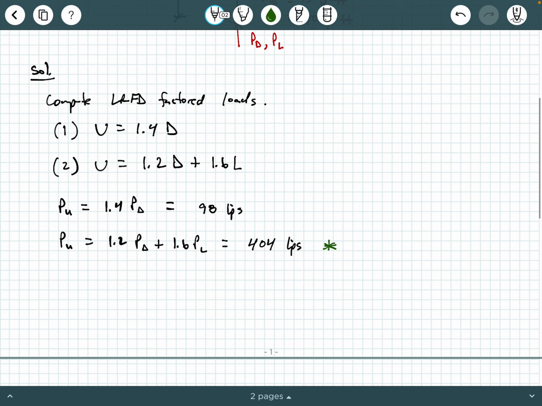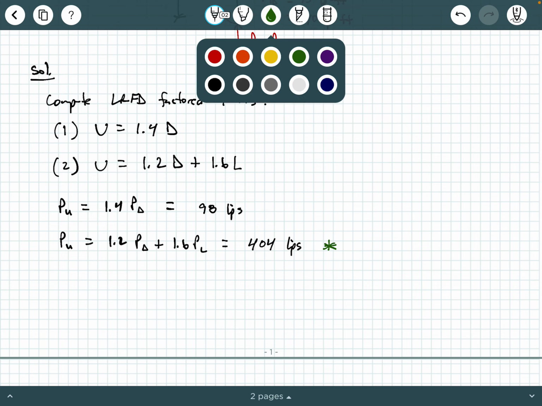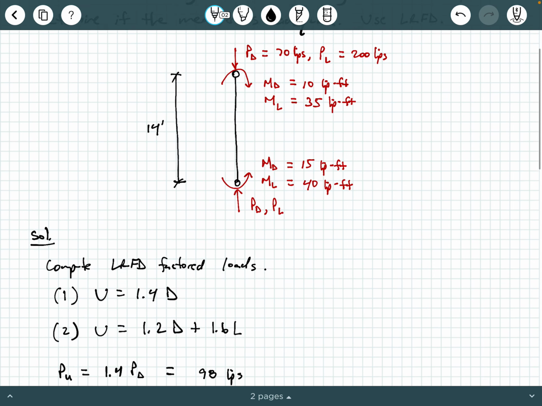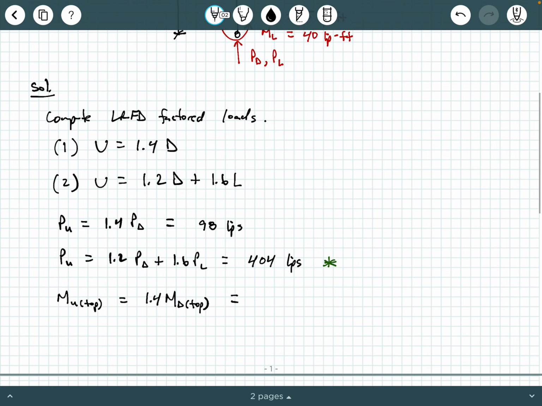Okay, now similarly we need to investigate the top and the bottom moment. So let's call this M_u top, and we're going to say that that's 1.4 M dead top, and we're going to see what that comes out to be. 1.4 times that dead load moment at the top was 10, so of course that gives us 14 kip feet.